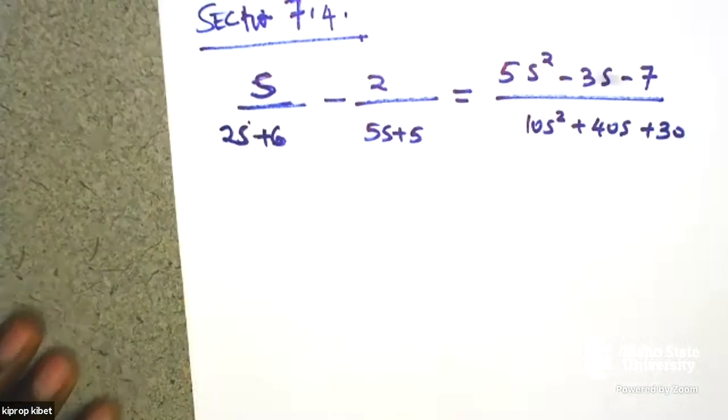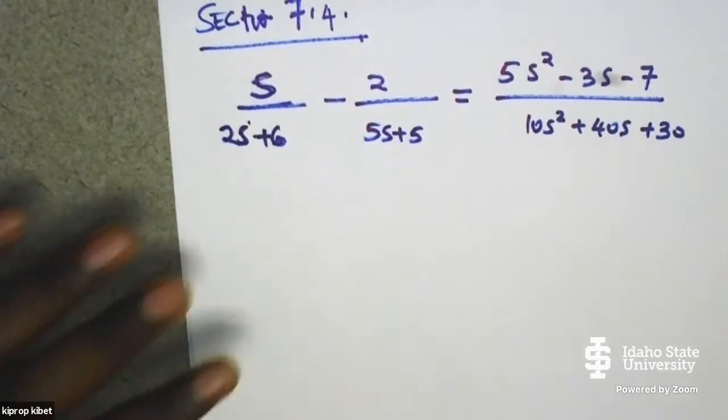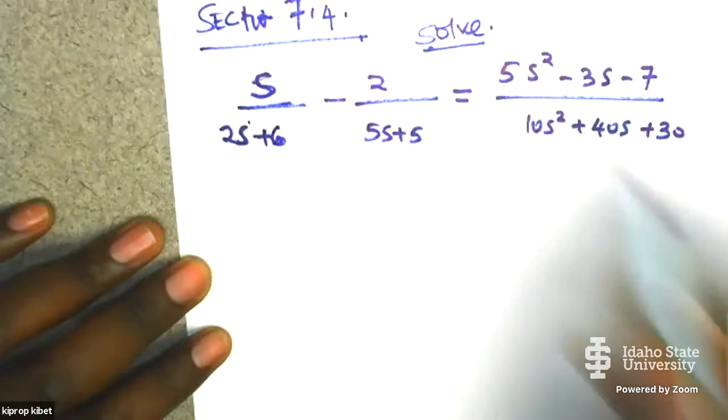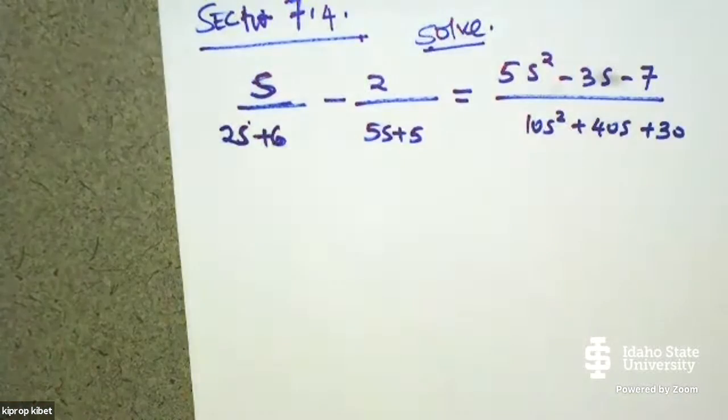So let's say we are given something like that, and then you're told to solve that. What you need to do here is multiply the denominators by the common factor in each one of them.